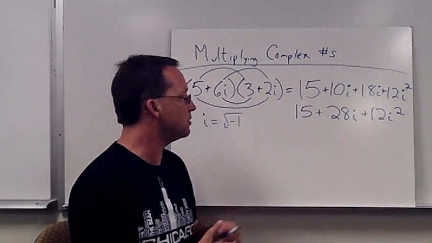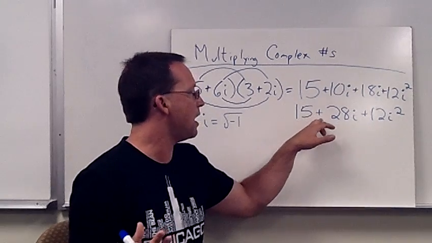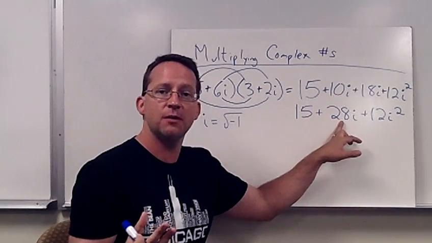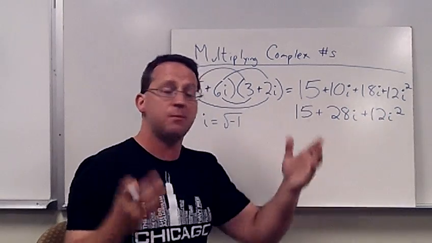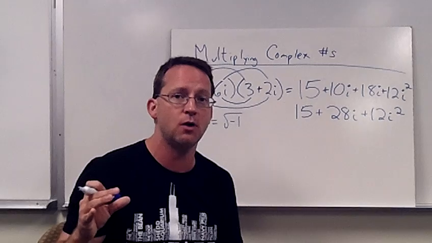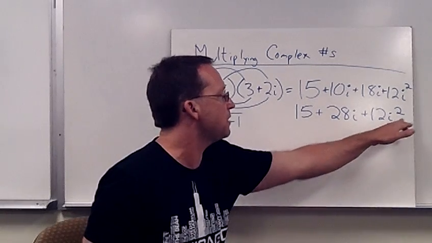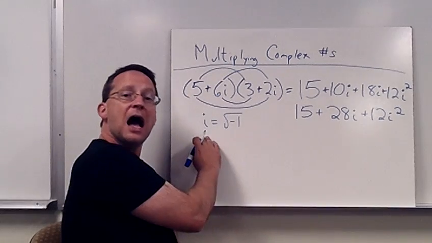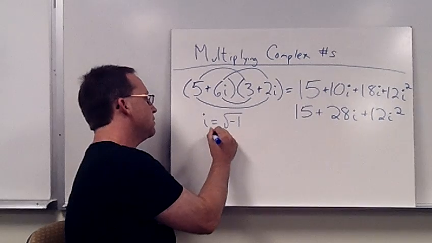What we find out here is we do have a 15, which is definitely a real part, and we have a 28i, which is definitely an imaginary part. Now this 12i squared at the end, it's got to be either real or imaginary. There's only two options. It may surprise you which one it is. So we think about 12i squared. Well, if i is the square root of -1, then what's i squared?